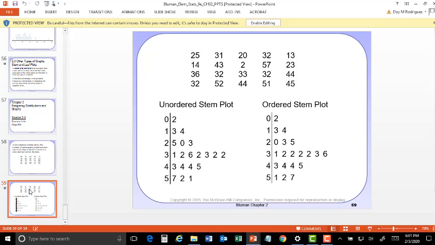Any questions? They're really just organizing data. I don't like exactly the order they do it. I would do the frequency graph and then the histogram. Got a lot of different names.